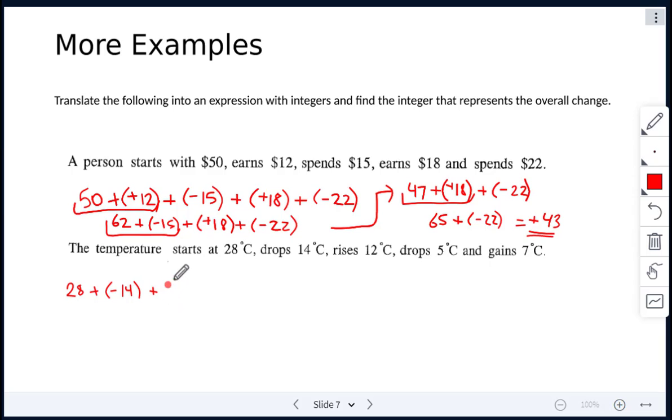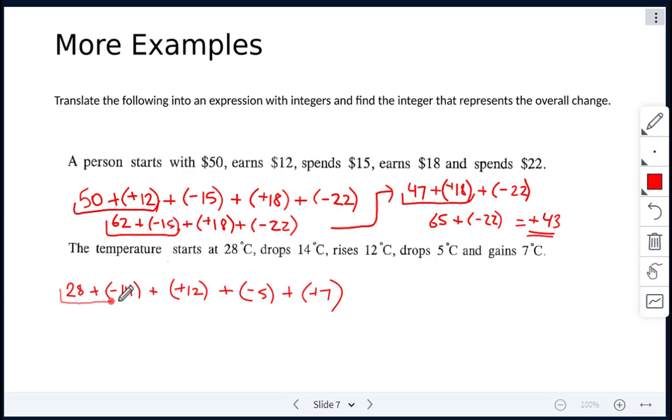And then it rises 12 degrees, so plus positive 12. And then it drops 5 degrees, so minus 5. And then lastly, it gains 7 degrees, so plus positive 7.